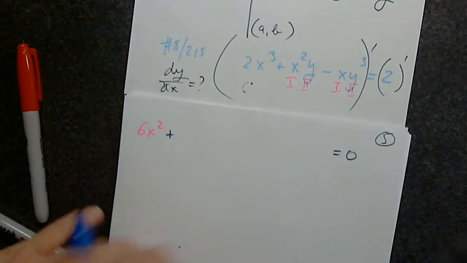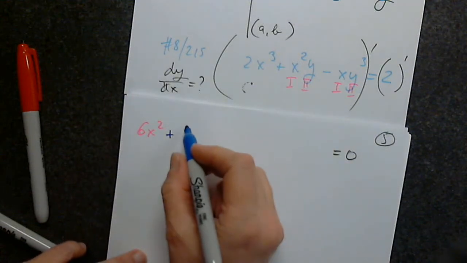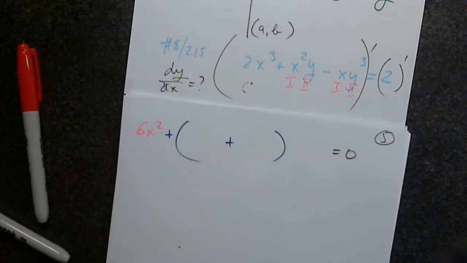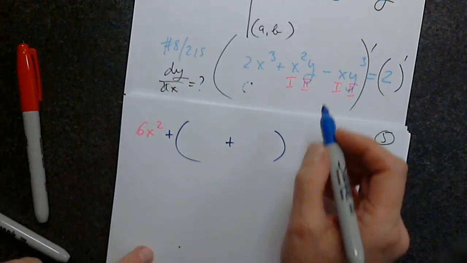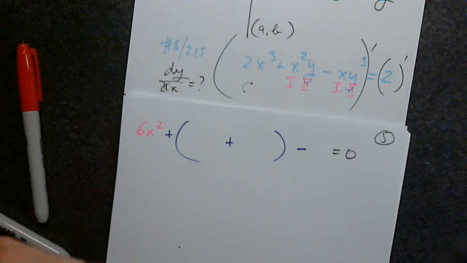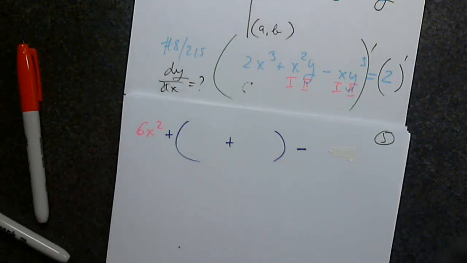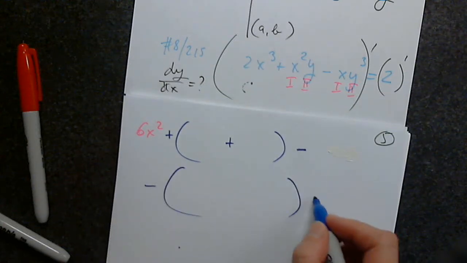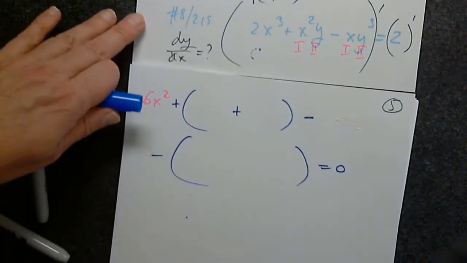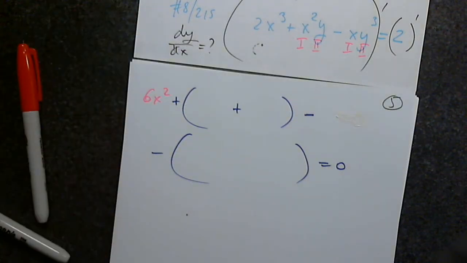Plus, remember each product, when you apply the product rule, you have to come up with two terms. And then please leave the negative sign outside. I would leave the negative outside and apply the product rule on the positive xy cubed, and then you can distribute -1 later.